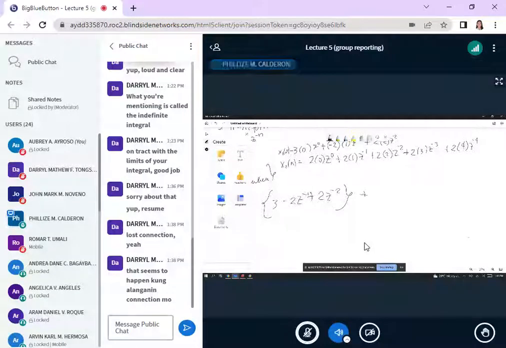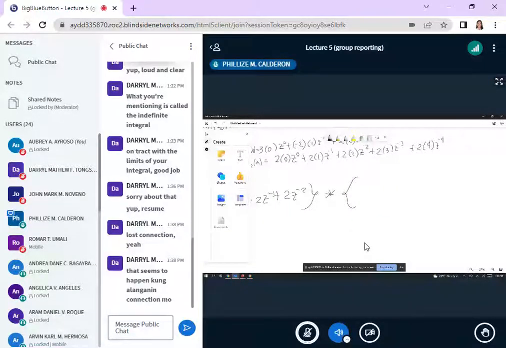Tapos, convolute natin sa x sub 2 natin, which is 2 ulit, plus 2z raised to negative 1 plus 2z raised to negative 2 plus 2z raised to negative 3 plus 2z raised to negative 4.